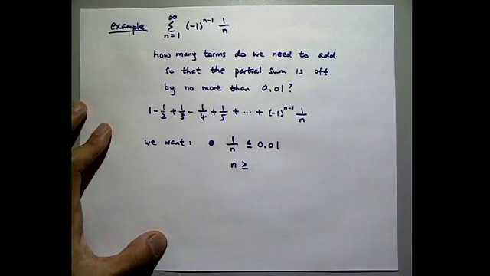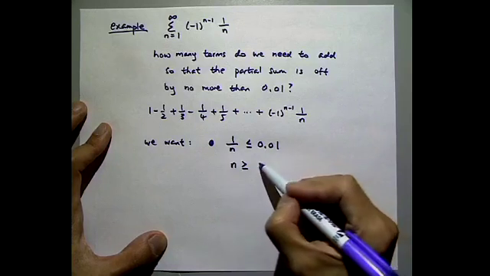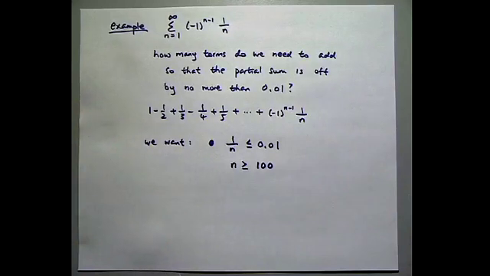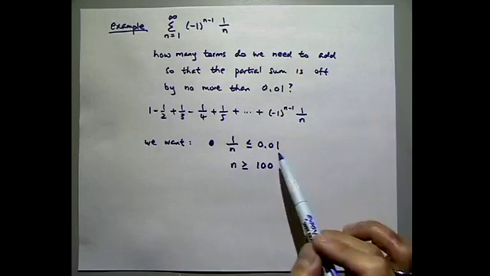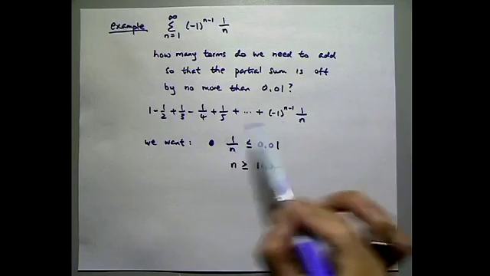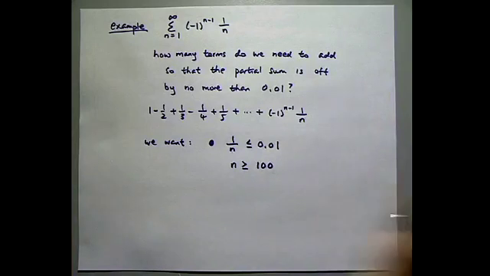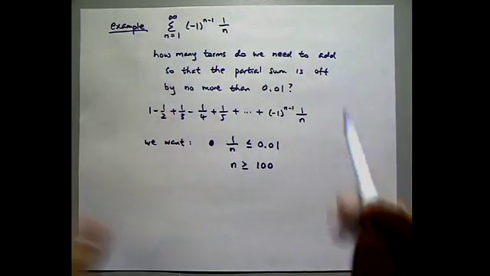And what do we see? 100. Right? 100. So this is saying that 100 and beyond, all these terms are smaller than or equal to 0.01. That means I need to add everything up to the one before that.